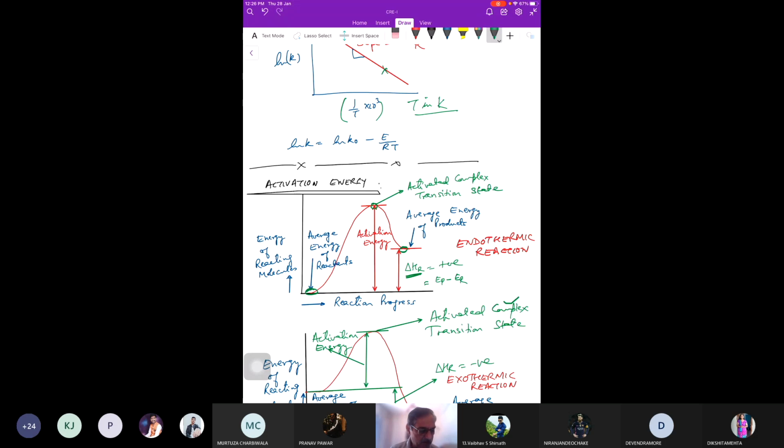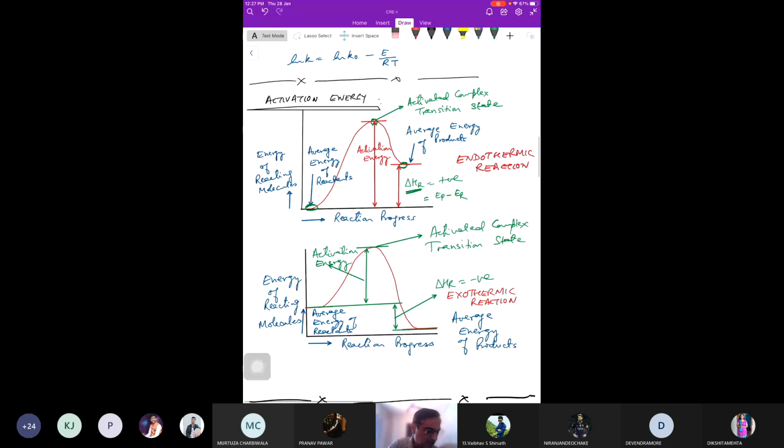What does endothermic reaction mean? Heat is absorbed. That means we have to supply heat for the reaction to take place. We have to heat in this reaction. So externally we have to supply heat through some source. It could be heating through steam or some diatherm-like heating medium. Some heating medium has to be there to sustain the reaction if it is endothermic.